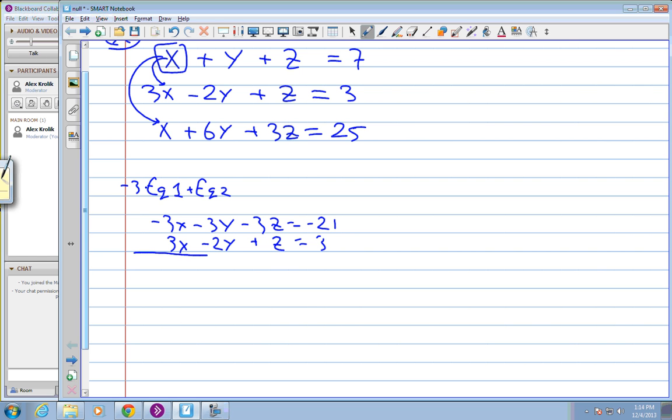If I add these two equations, I'll just end up with -5y minus 2z equals -18.